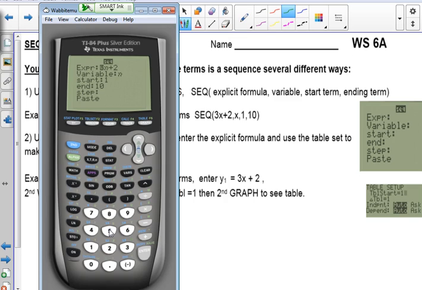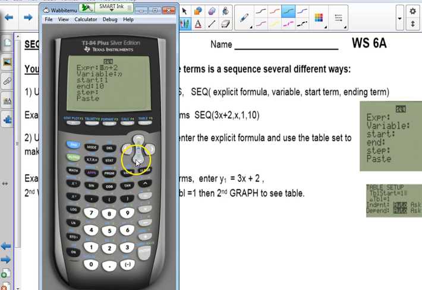Now, if you have a new operating system, the newer one, it looks like this, okay? If you type right now like 3x plus 2, we're doing the first example on your worksheet. Yours gives you 3x plus 2, right? Or 3 theta plus 2. Anybody still in polars? It's fine, doesn't matter.